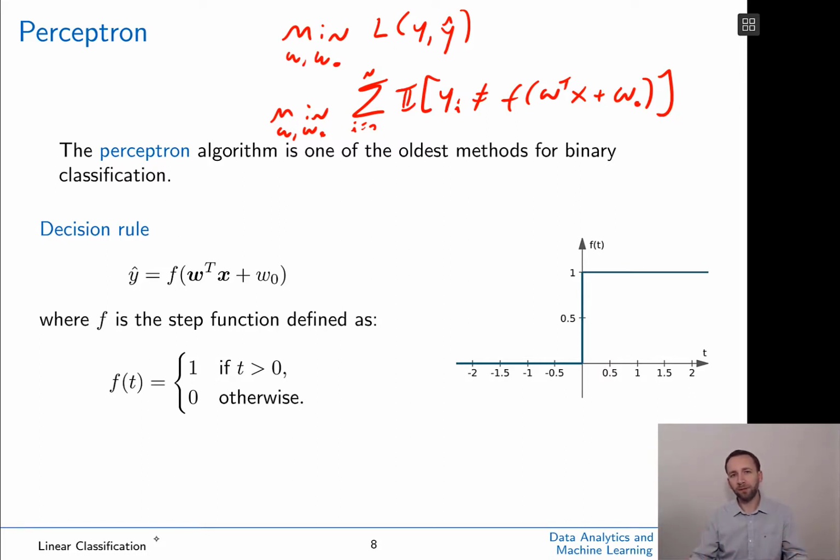What I will show you in the following is the classic result for how you can train such a perceptron model. I will just show you the result, but I won't show how we can derive it, because next week, when we talk about optimization, I will show you a much simpler approach compared to the classic derivation for finding this perceptron learning approach. Here I will just show you the solution.